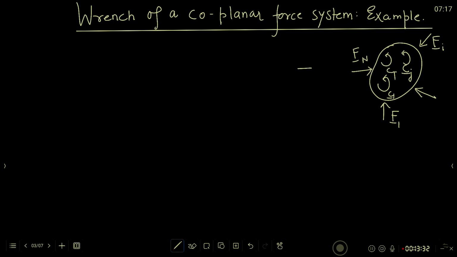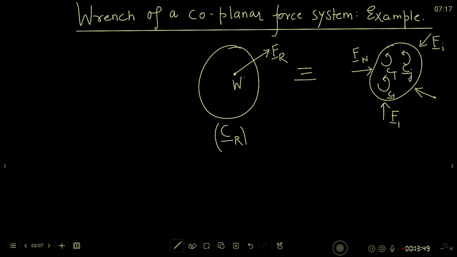And my claim is that in this situation, it is possible to have one single force acting at point W, and CRW is 0. It's not an arbitrary choice.